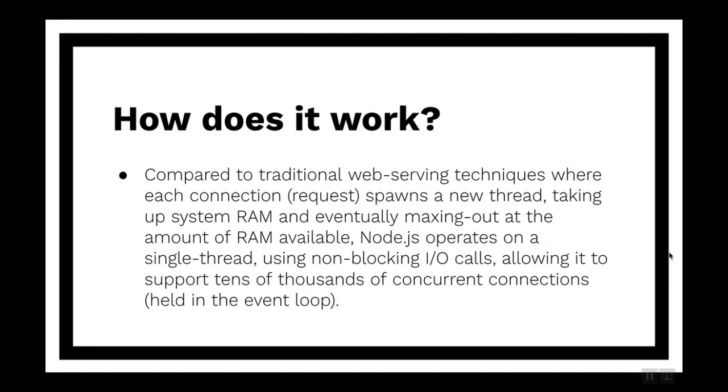The Node.js runtime environment provides a set of asynchronous I/O primitives in its standard library that prevents the JavaScript code from blocking. When Node.js needs to perform an I/O operation, like reading from a network or accessing a database or a file system, instead of blocking the thread and wasting CPU cycles, Node.js will resume the operation when the response comes back.